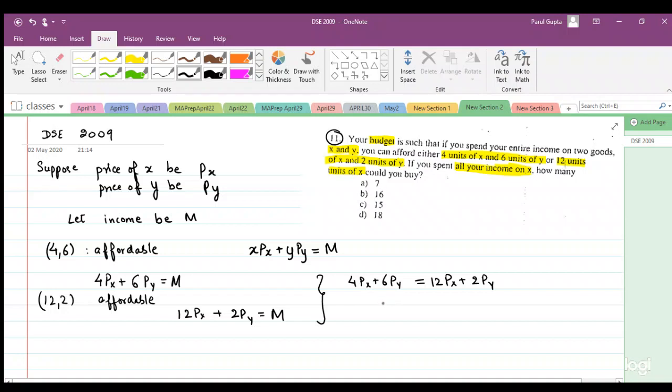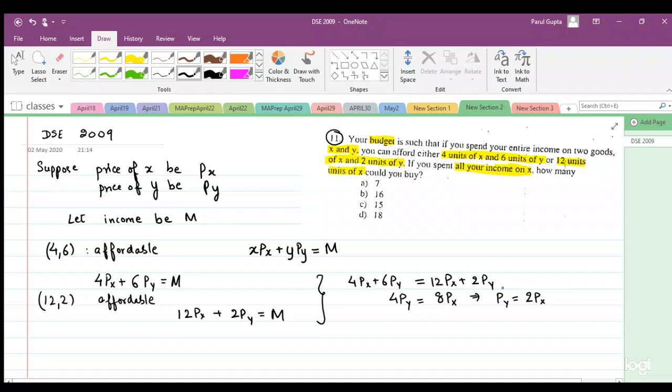Rearranging this equation, what do we get? We get 4Py equals 8Px. That means Py equals 2Px. So we have got just a relation between Py and Px now.